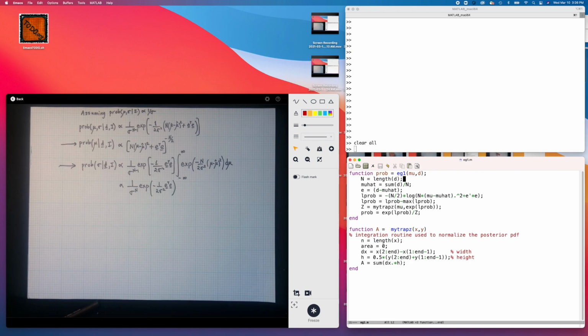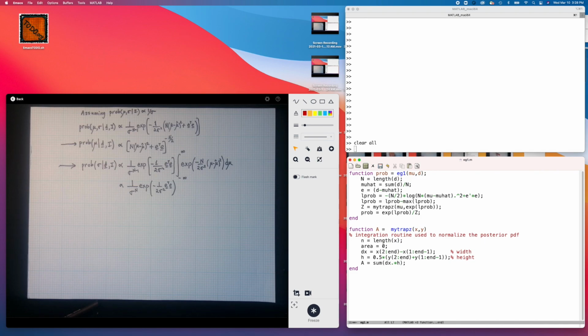We extract the length of the data set, compute mu hat, evaluate the residuals, which is the data minus the model, and calculate the log of the posterior probability. There's an arbitrary constant missing here that I'm going to need to evaluate through the normalization. I take the log of the marginal posterior, and this is vectorized, so we'll evaluate for each and every value of mu. Then I subtract the maximum log probability from the log probability to avoid underflows or overflows, and then I normalize by first integrating out the PDF and dividing.